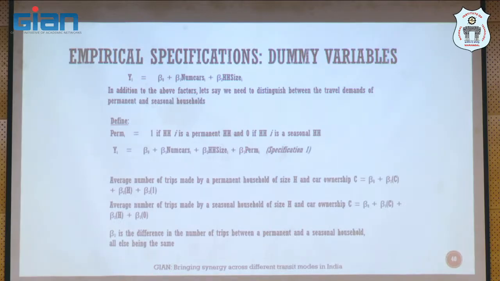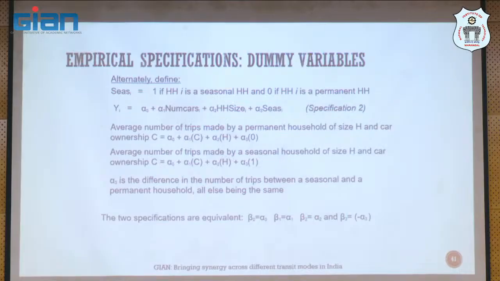So by the same logic, what will seasonal households be doing? They will be making fewer trips. So beta naught, beta 1 and beta 2 will be the same across the two specifications. Beta 3 will be the negative. We will test it in the data set: if you run the model with different levels, we will see these things.